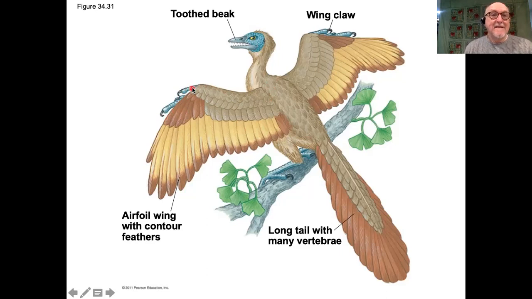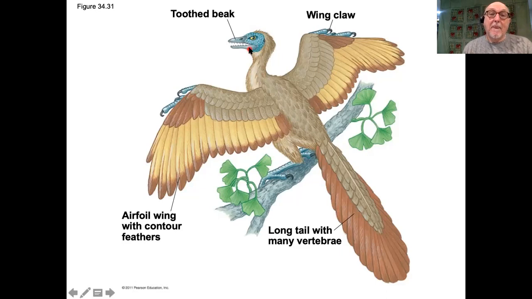That, by the way, is the thumb. These are the fingers here. So in Archaeopteryx, the main structure of the wing is the humerus, the radius, and the ulna. The digits are not participating. In modern birds, the digits have become involved in the wing structure itself.